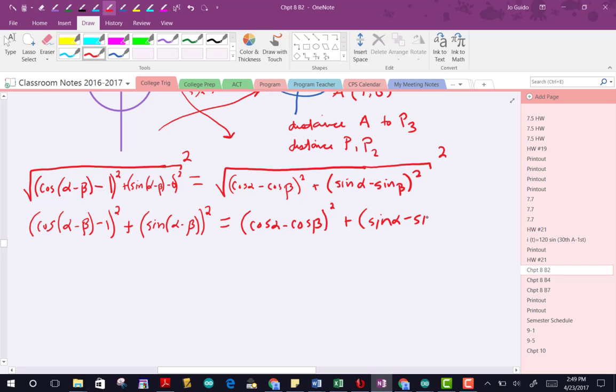And so when I do that FOIL, this is going to end up being the cosine squared. And I'm going to change to A's and B's because I think they're easier to read than alphas and betas, but they mean the same thing.